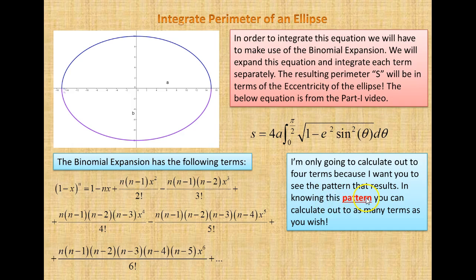Knowing this pattern, you can calculate out to as many terms as you wish. So I'm going to derive our equation out 4 terms. That's 1, 2, 3, 4. You can still go out to further terms if you choose once you see this pattern.